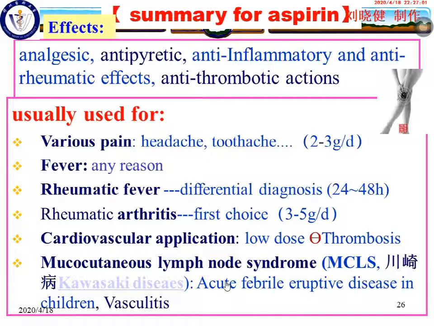We usually use MCLS to describe this disease, because it was first described by a Japanese doctor, Kawasaki. So this disease is also named Kawasaki disease. Actually, it is one acute febrile eruptive disease in children. It is a syndrome of vasculitis.